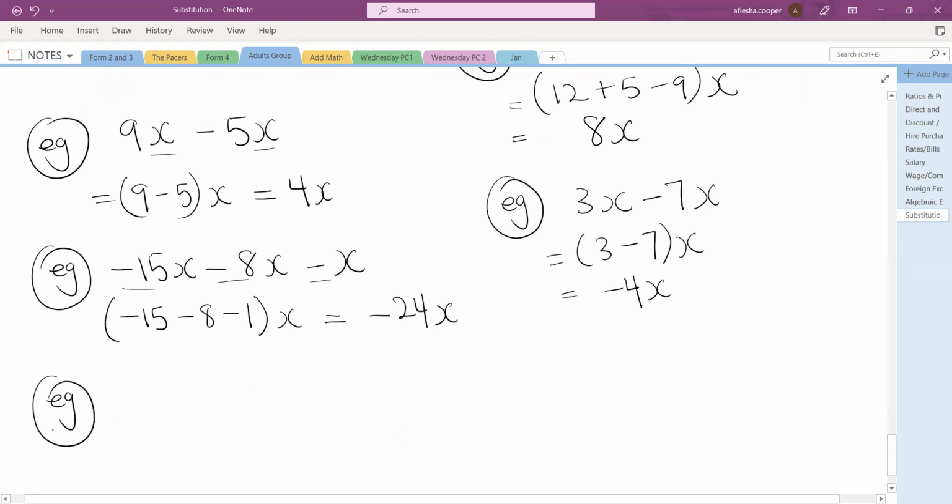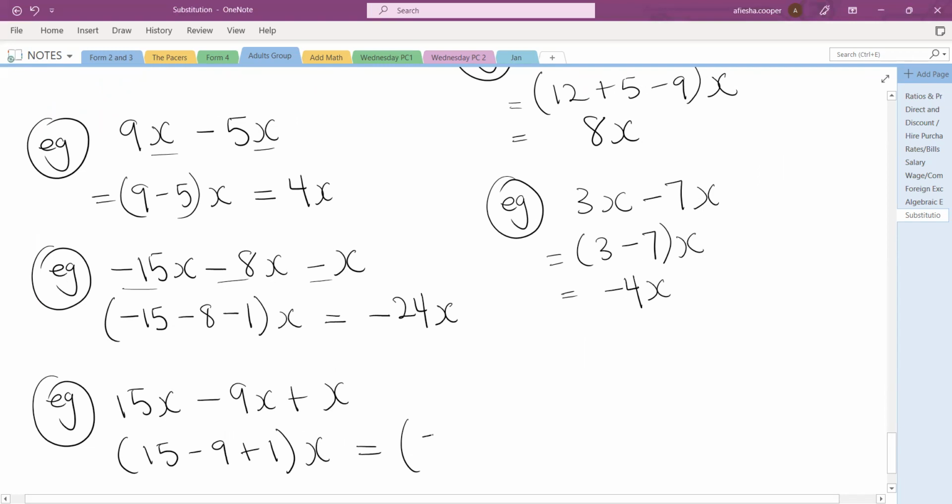Example, 15x minus 9x plus x. 15 minus 9 plus 1 x, which will be 15 minus 9 is 6. 6 plus 1 is 7x. How y'all doing? Not too shabby, right?